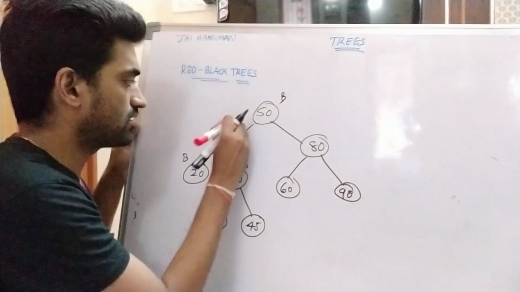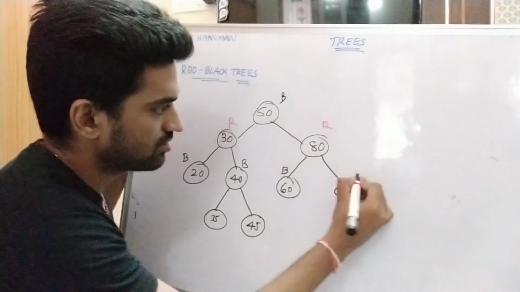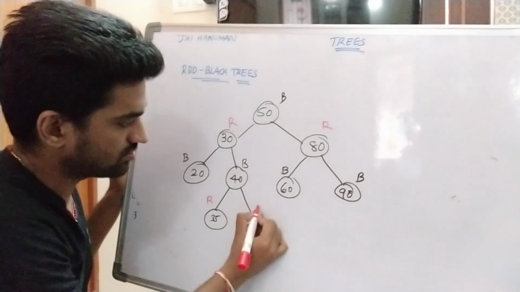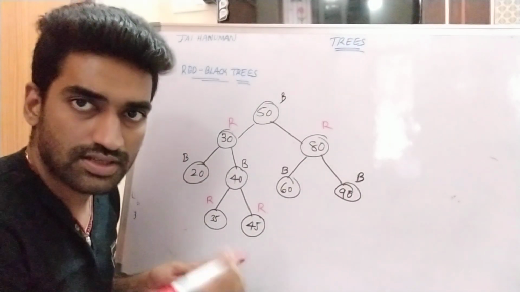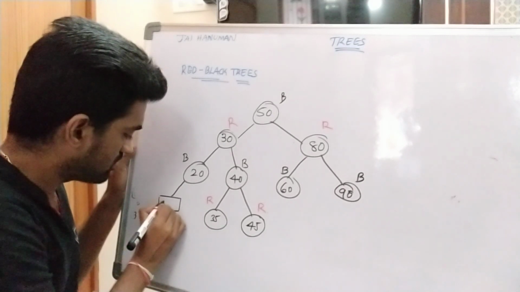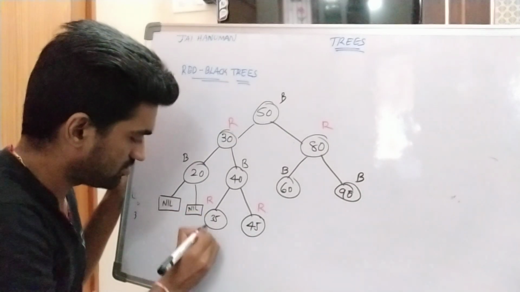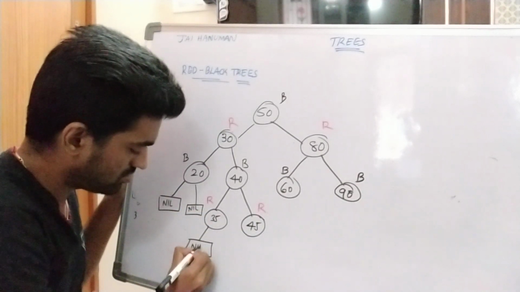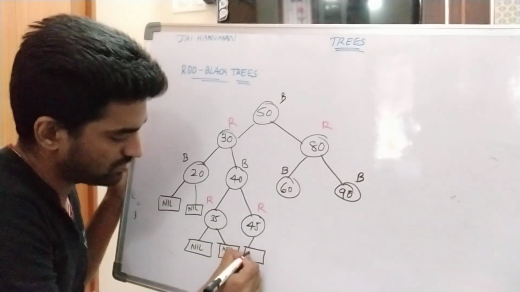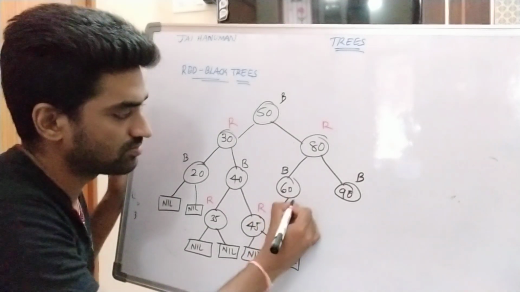I'm taking this is red, this is red, this is black, this is black, this is also red. In red black trees, leaf nodes are always said to be null or nil. So now, does this red black tree satisfy all the properties or not?